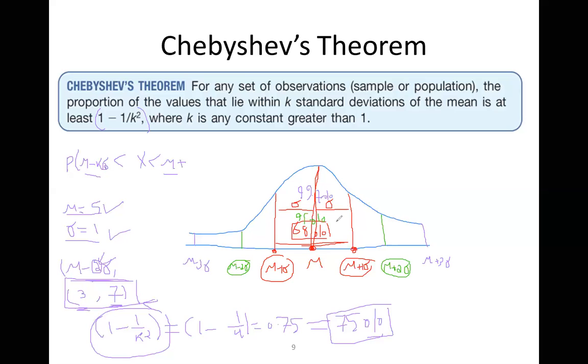If you make the interval wider, minus 2 sigma and plus 2 sigma, then you have 95% of the data in that range. And if you make it wider, mu minus 3 sigma and mu plus 3 sigma, then you have almost all the data, 99.7%.